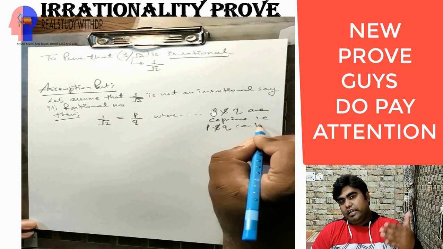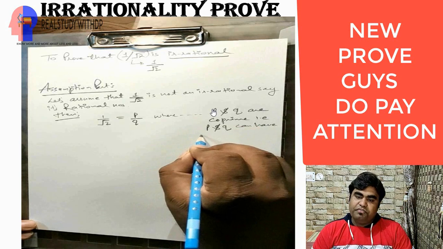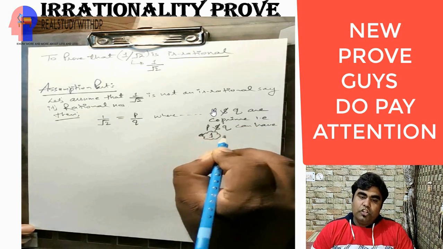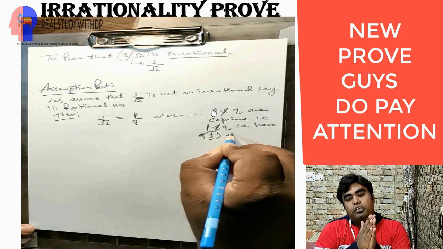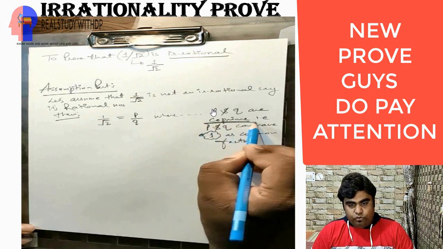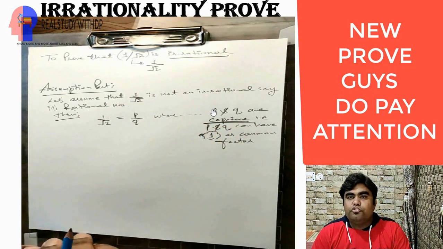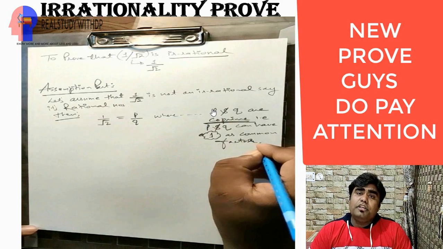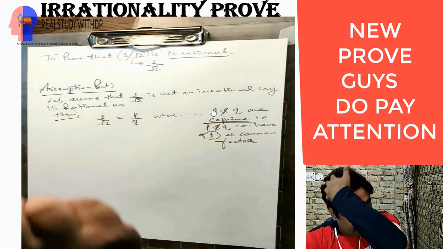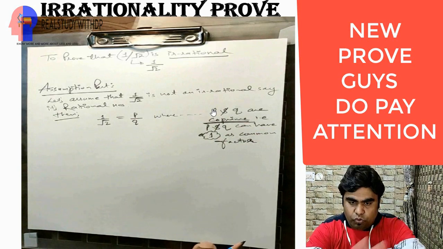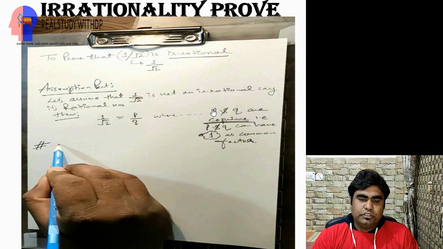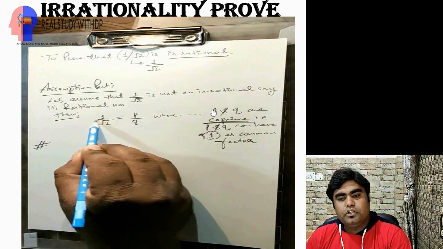Another thing we have to keep in mind is that Q cannot be equal to 0. If Q is 0, then the whole system is not defined, and we will be unable to perform any mathematical operation on it. Hence, the system will crash. The whole statement will become unsolvable, or unattemptable, you can call it.